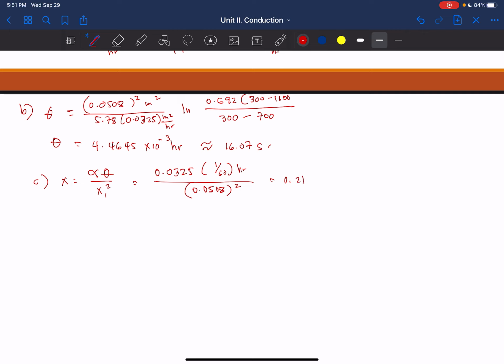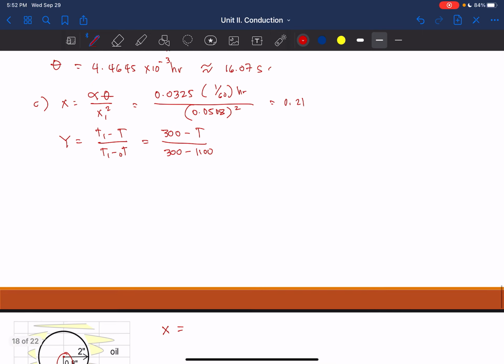So get that value to be around 0.21. If this is 0.21, your x, you know that y would be T1 minus T over T1 minus T sub 0, your initial temperature. That is around 300 minus T all over 300 minus the initial temperature of 1100. But of course, you do not know yet the value of your y.